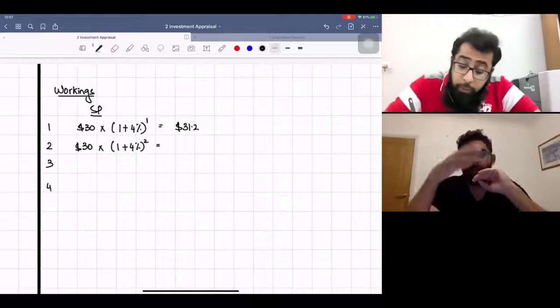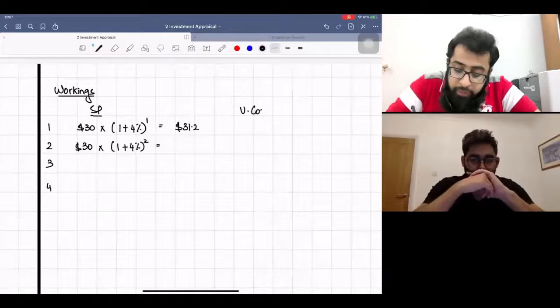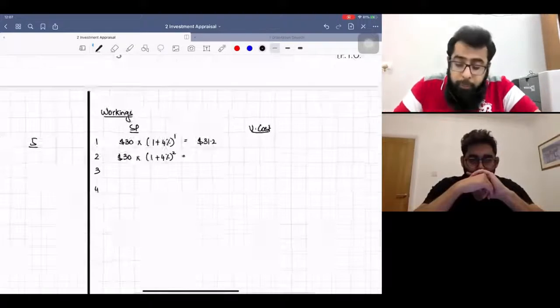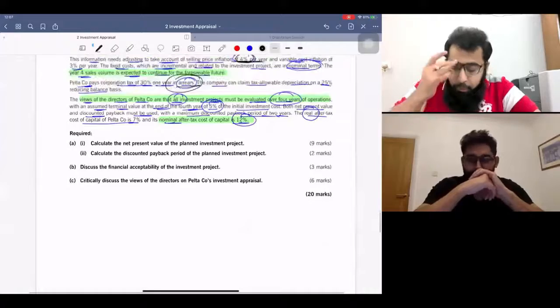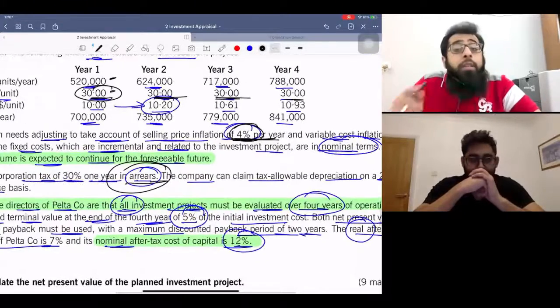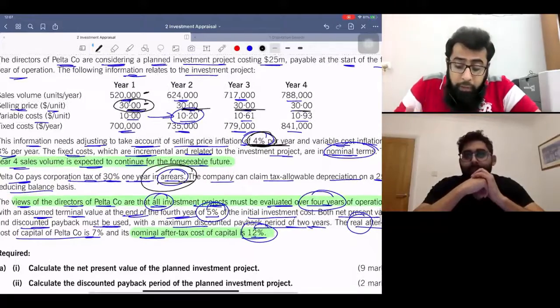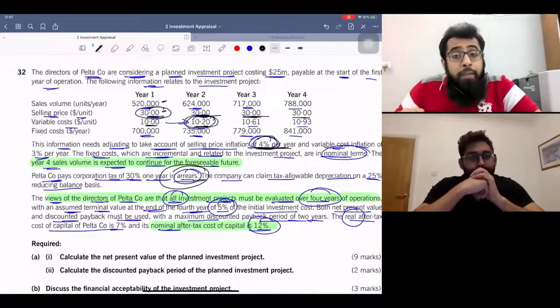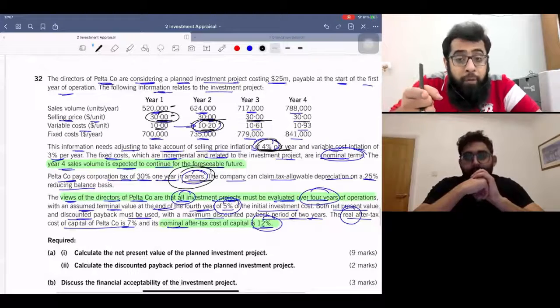But when you will be doing variable cost, you will have a problem. Year 1 variable cost is 10, but year 2 variable cost is 10.2. How will you inflate 10.2 2 times? So you have to use the concept of power.